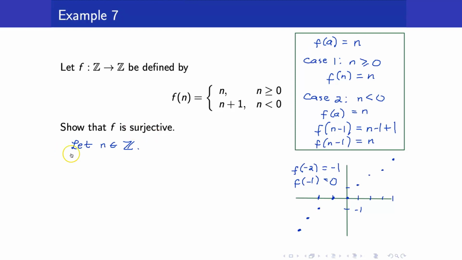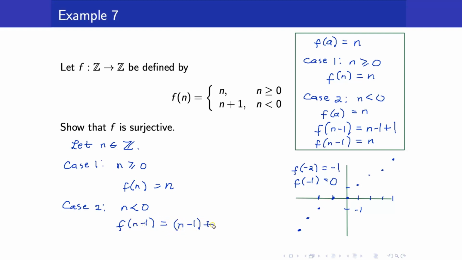That's it. So anyway, for our formal proof, we have case 1, n is greater than or equal to 0. Again, I will just write f of n is equal to n. Case 2, when n is negative, we have f of n minus 1 is equal to n minus 1 plus 1.